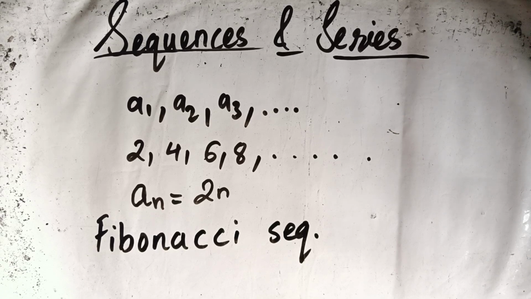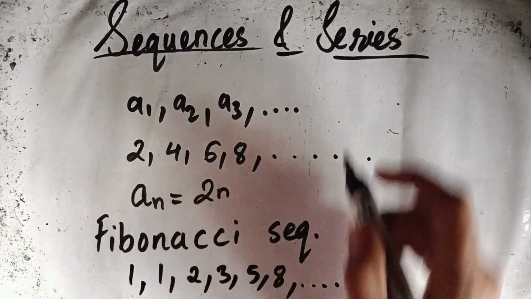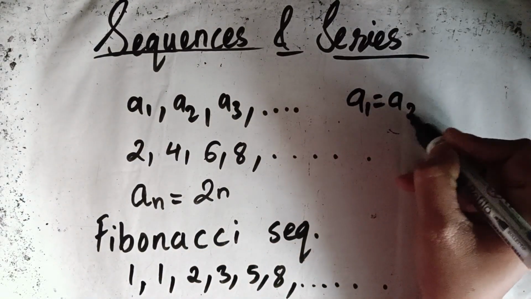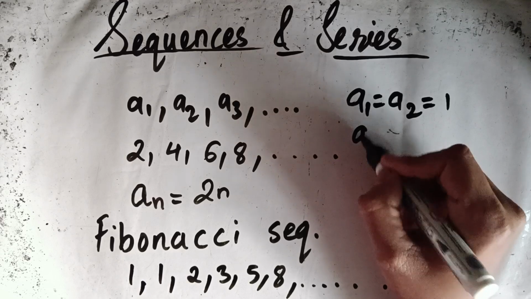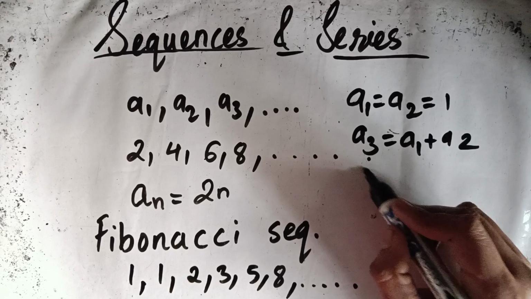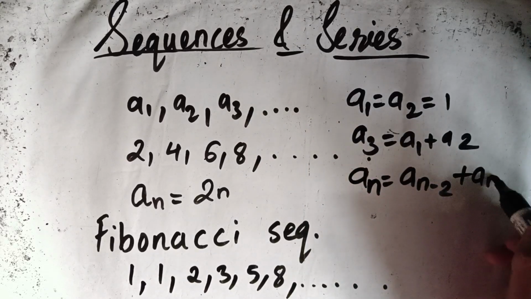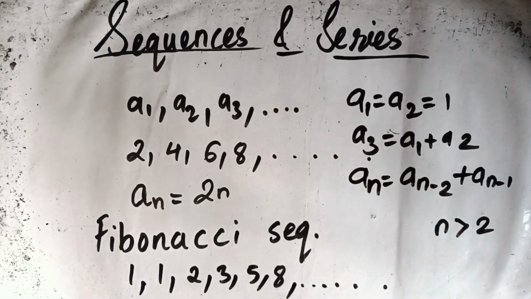An arrangement of numbers such as 1, 1, 2, 3, 5, 8, dot dot dot has no visible pattern, but the sequence is generated by the recurrence relation given by, so A1 is equal to A2, okay, then A3 is equal to A1 plus A2, and an is equal to an minus 2 plus an minus 1, where n is greater than 2. Okay.